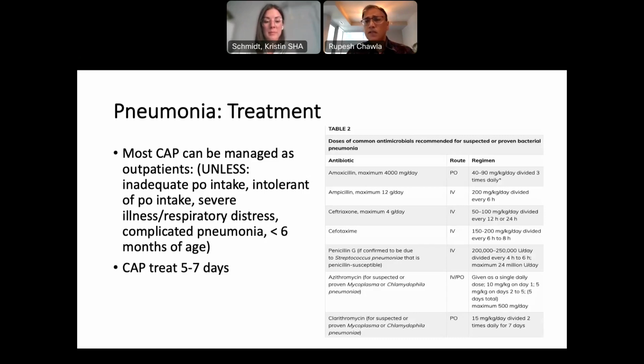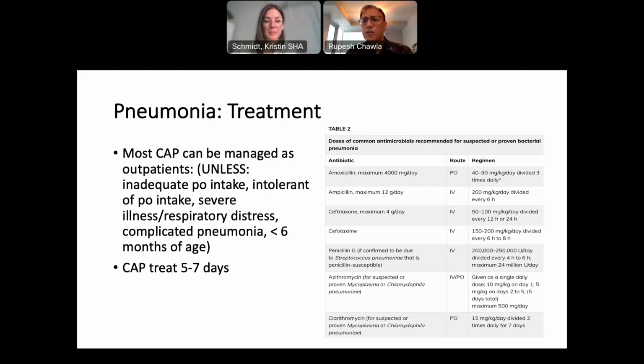If there are no resistance factors present, the treatment is amoxicillin as an outpatient at a standard dose, 40 to 50 milligrams per kilogram per day, divided 3 times a day. If, however, those resistance factors are present, you do want to use high-dose amoxicillin at between 80 to 100 milligrams per kilogram per day.